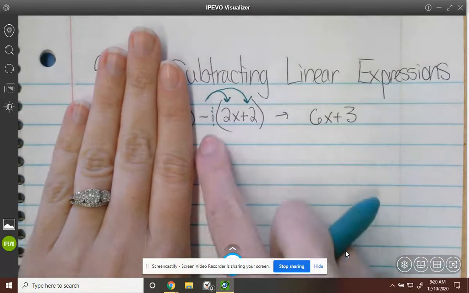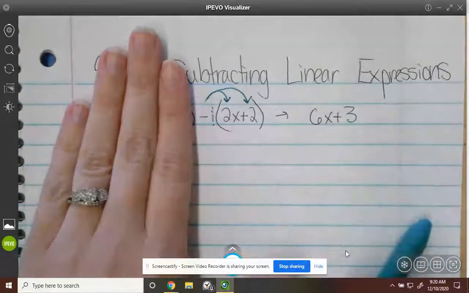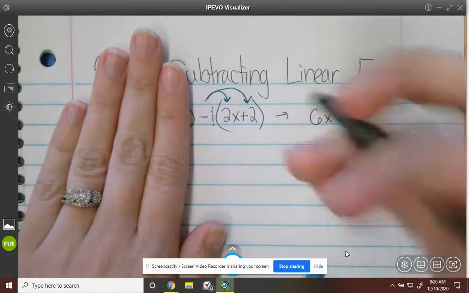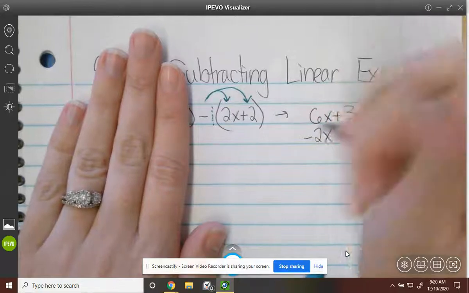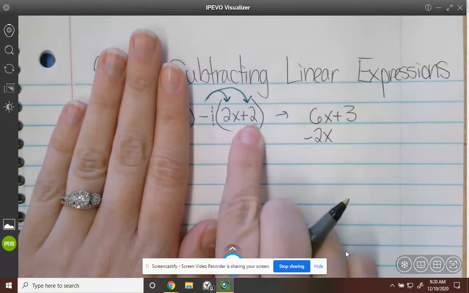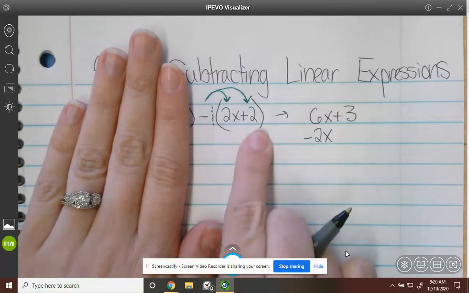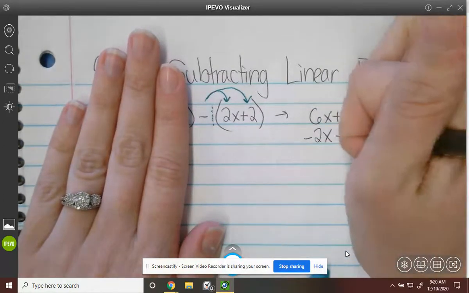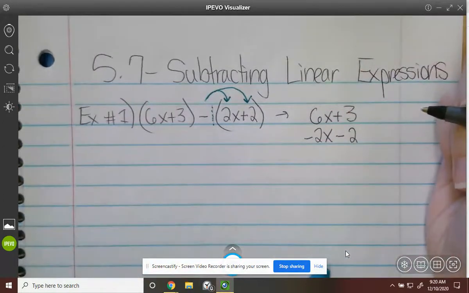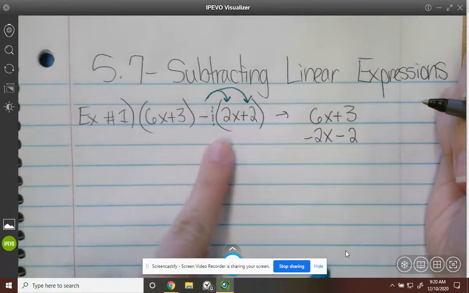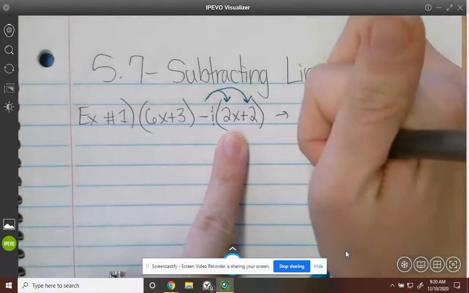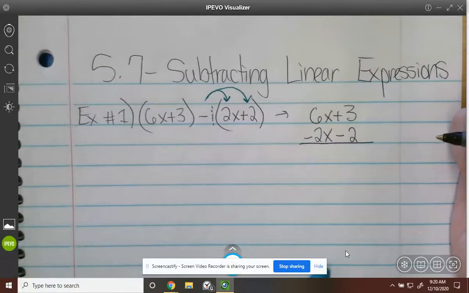So whenever we take negative 1 times 2x, we get a negative 2x. And when we take negative 1 times a positive 2, we get a negative 2. So we have to correct that second half before we do what we did yesterday.